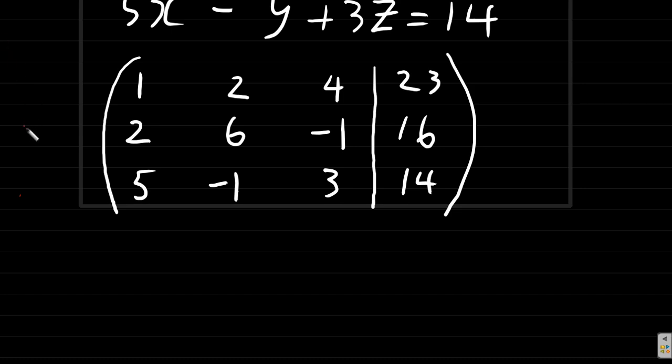So, here, just as in solving using the normal elimination method, we have each row representing an equation. And remember, you can always multiply an equation by a number or divide it, and you get another equation which is valid.